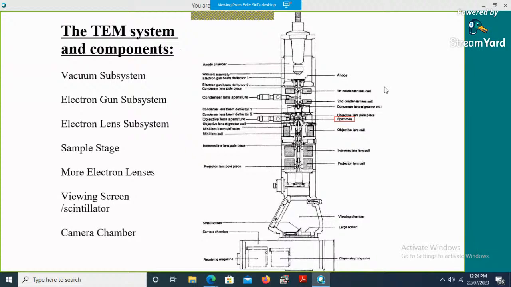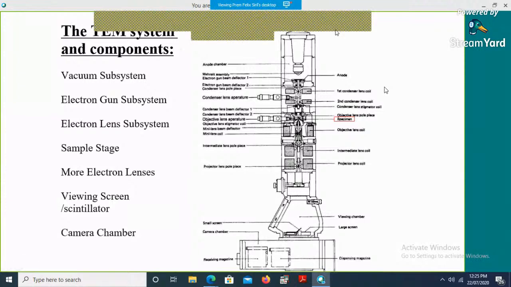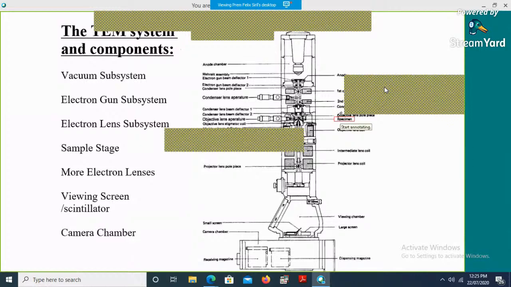The parts of a TEM are similar to an SEM. You have an electron source sitting at the top, and then you have an electron beam column. You have a series of electromagnetic lenses, apertures, and then you have a detector. But the primary difference is, in SEM, your sample sits at the bottom, whereas in TEM, your sample is in between the column.